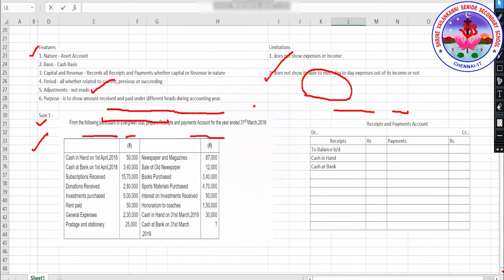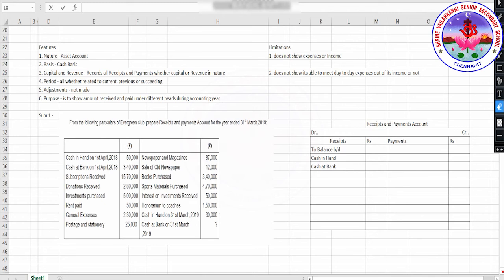We'll go through it one by one. Let me erase this so that there is no confusion. You have to tell me whether it is a receipt or a payment.